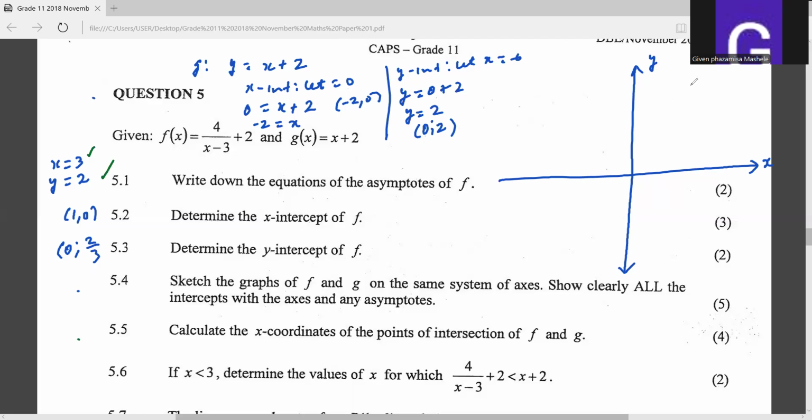So let's assume this is our x equals 3. Let me move this here. Vertical asymptote, x equals 3, and the horizontal is y equals 2.